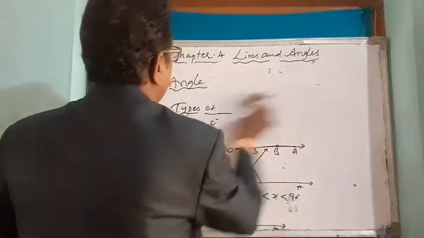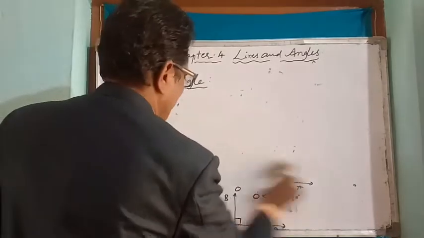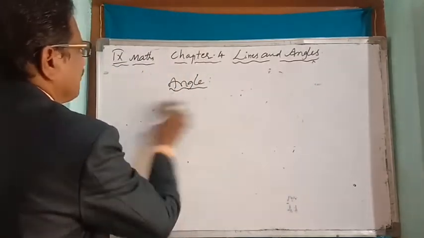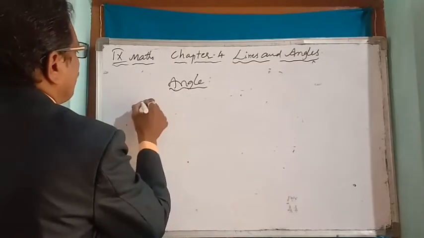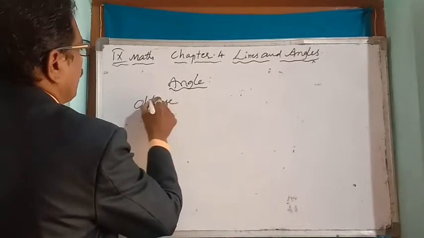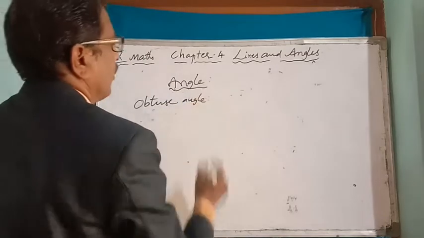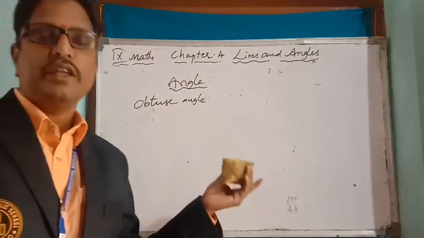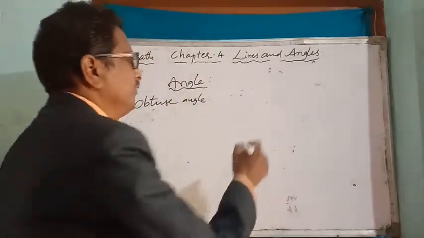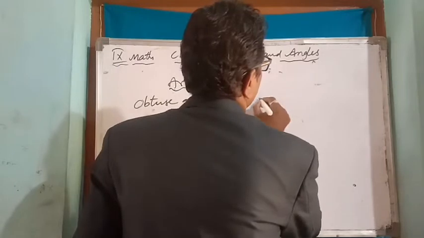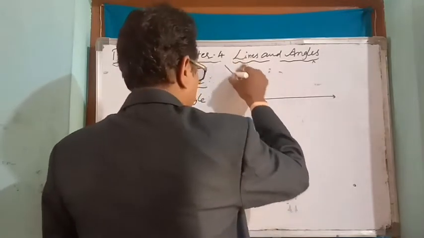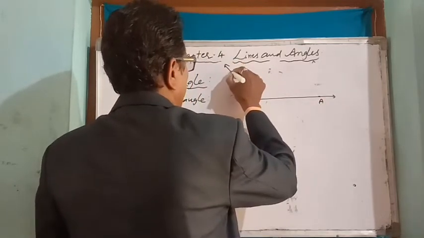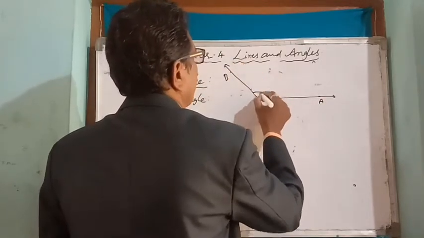And next, the obtuse angle. What is an obtuse angle? The angle between 90 and 180 degrees is called an obtuse angle. Here A, here B, from here to here.